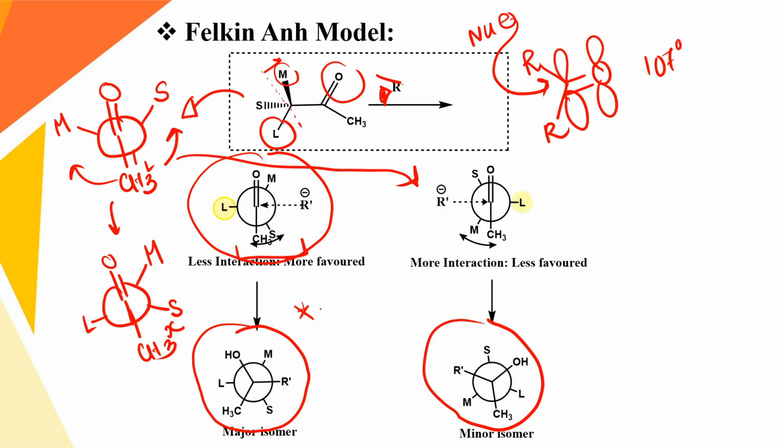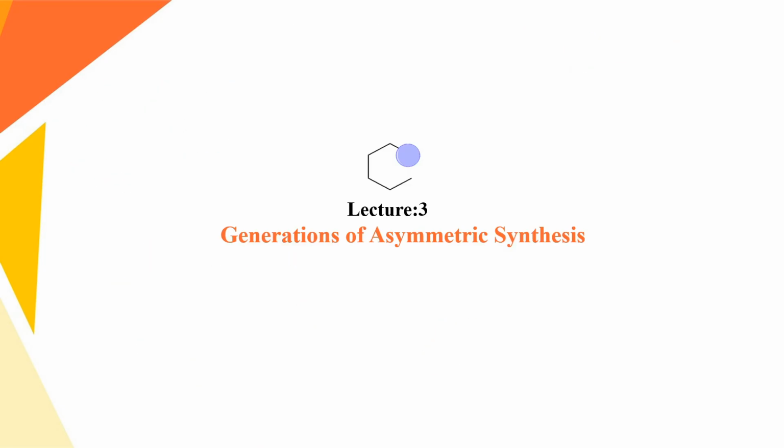This model you have to remember, it is very important from the exam point of view. And with this we end this class. In this class we discussed the Cram model in detail, the Cram chelate model, the Cram dipolar model, as well as the Felkin Ahn model. In the next class onwards we enter into the actual asymmetric synthesis part.